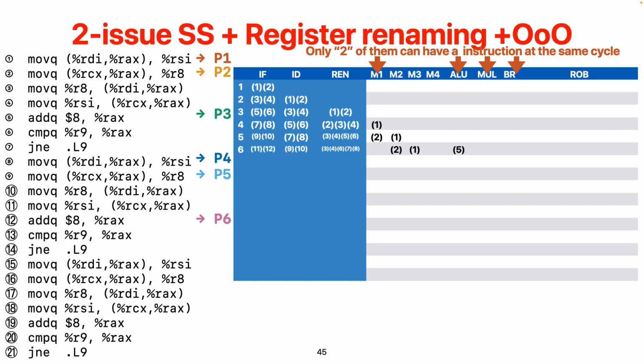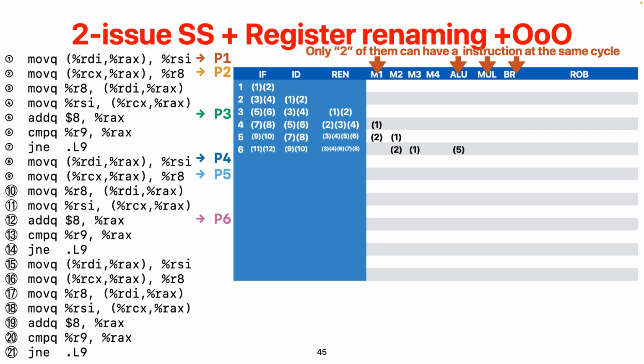Why can I execute 7? 7 is depending on 6, right? So 7 cannot. Anything else? 8.